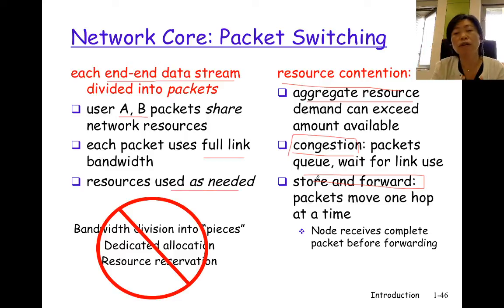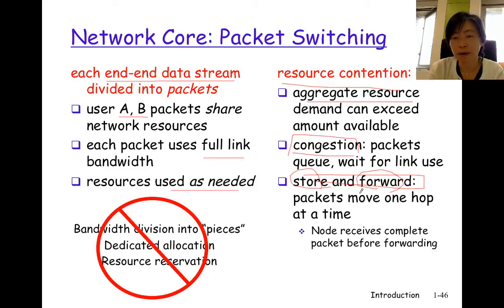A router receives packets, stores the whole thing, and then determines how to forward. So store first and forward. We cannot quite streamline the bits. In circuit switch network, it is okay, just go on because there's no contention. You don't need to wait until we store the entire chunk of bits.